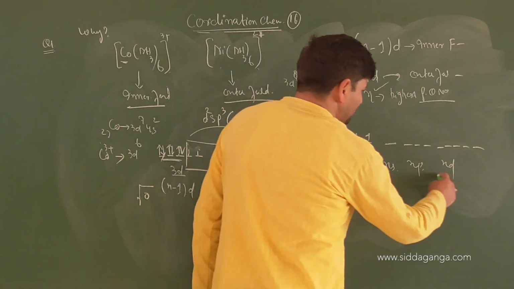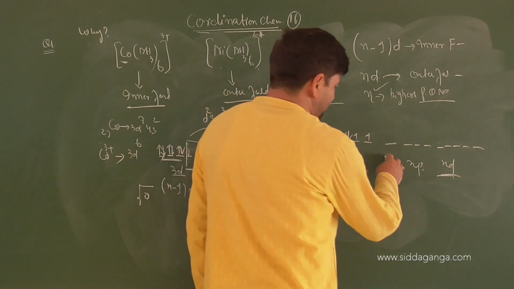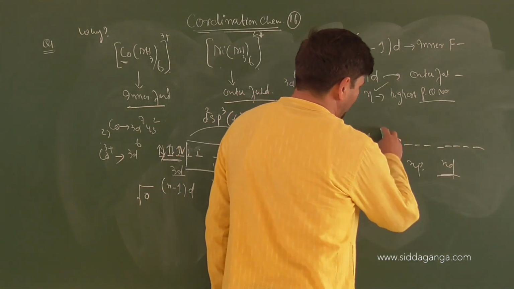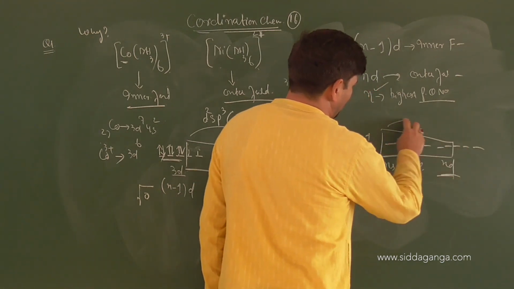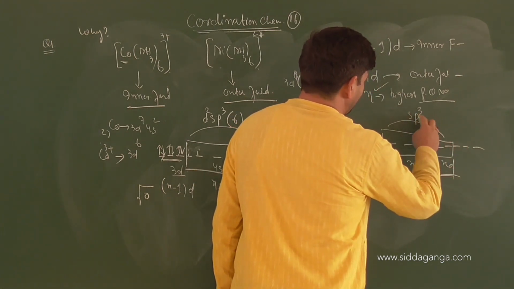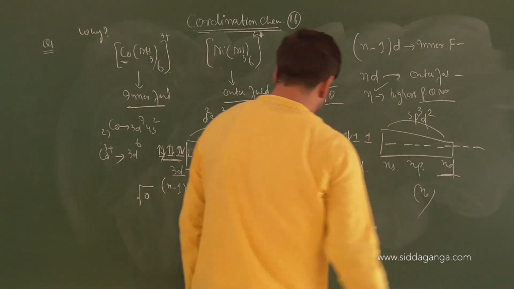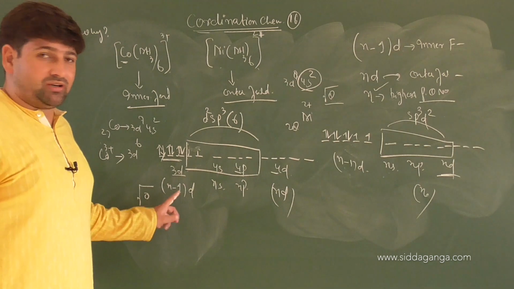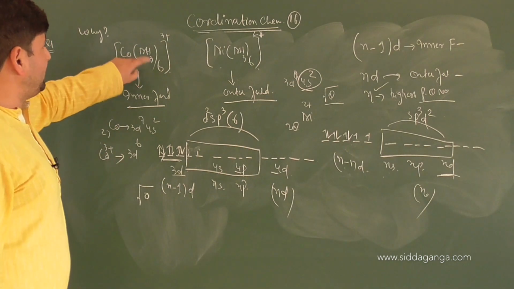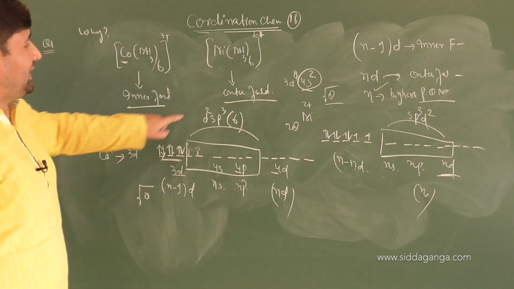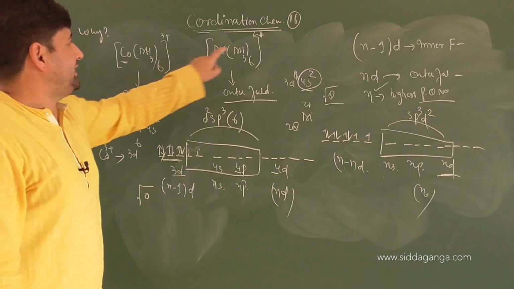Then it will make use of nd orbitals, so it will make use of s, p and 2 from d. So hybridization will be what? sp3d2 hybridization. So it has made use of nd orbital, while the other has made use of n minus 1 d orbital. That's why this Co(NH3)6 3 plus is inner field and this is outer field, although the ligand is the same.